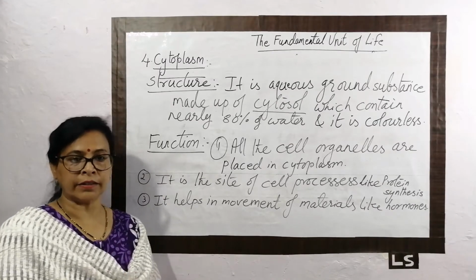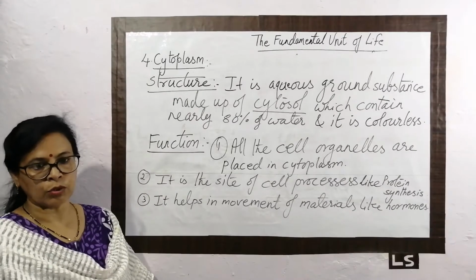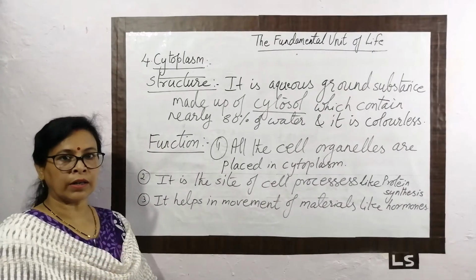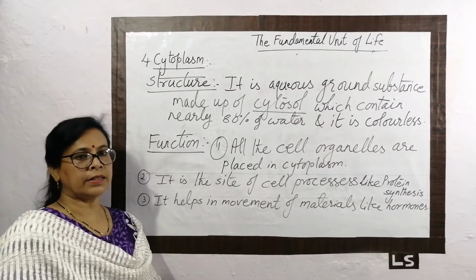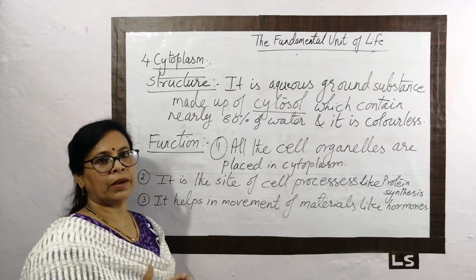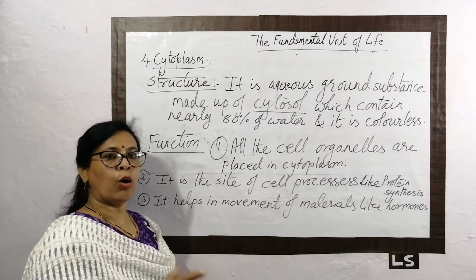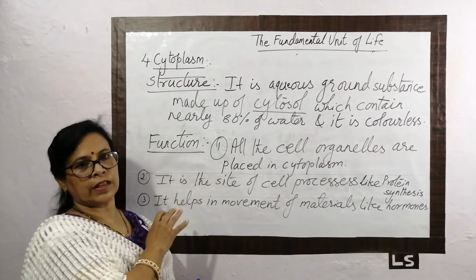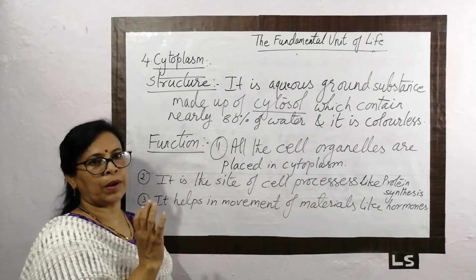So this is another function of the cytoplasm. So cytoplasm is the supporter of all the cell organelles placed in it. Cytosol is a colorless liquid which is present in between the nuclear membrane and the plasma membrane, and all the cell organelles are present in it, and all the activities of the cell organelles go on in the cytoplasm only.